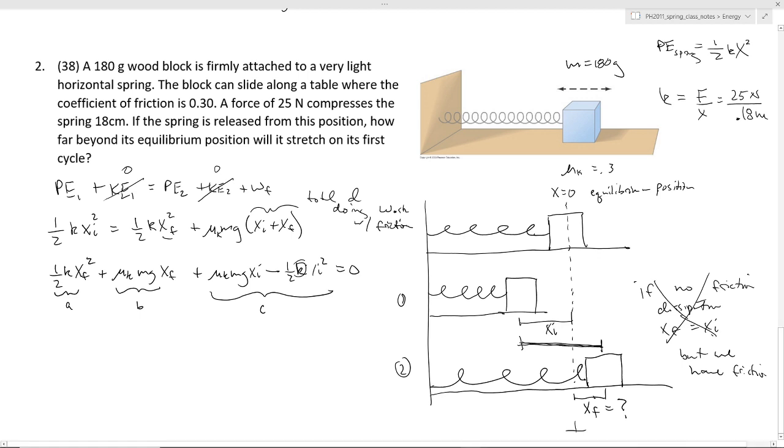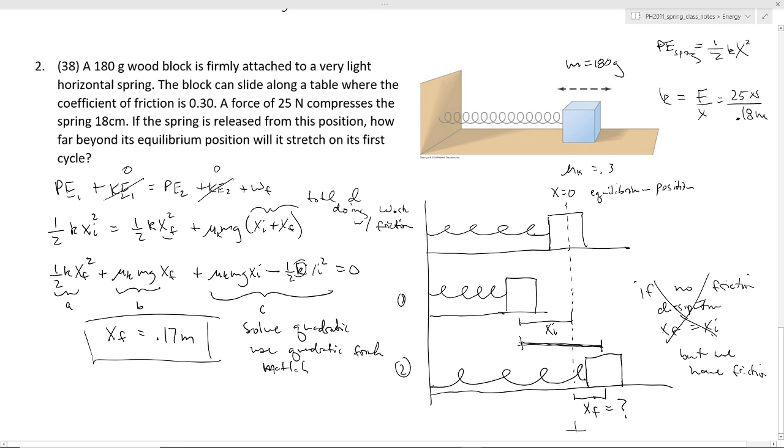When you do that, you would find that x final is 0.17 meters. So I'll just put a note here. You could use the quadratic formula, MATLAB, etc. Whatever works best for you. And when you do that, you'd find that this x final is 0.17 meters.